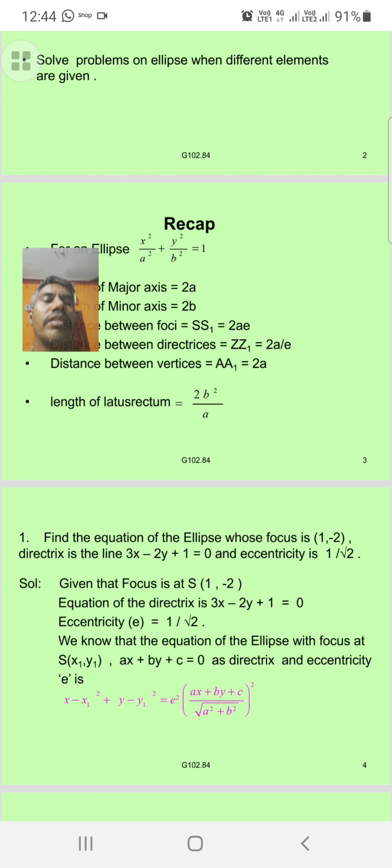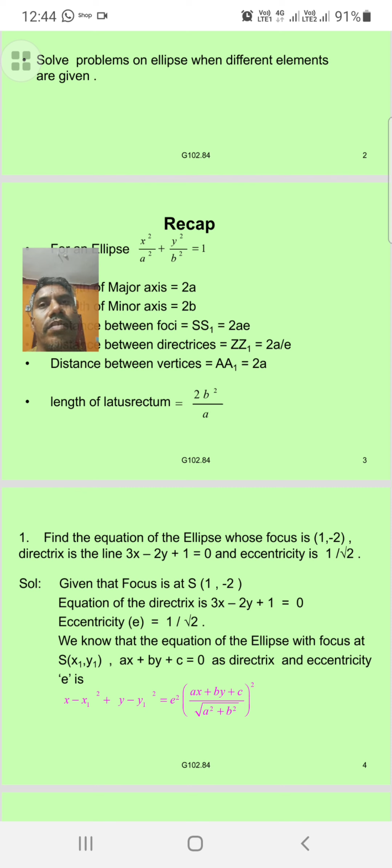Number one, some elements or parts of the ellipse are given, and at the end he asks for the equation of the ellipse. The second type is where he gives only the equation of the ellipse and asks for the elements.